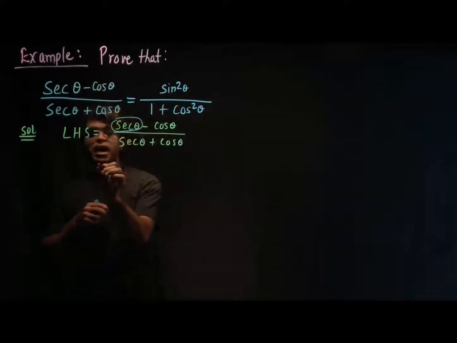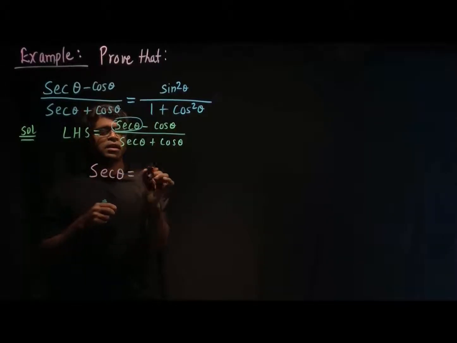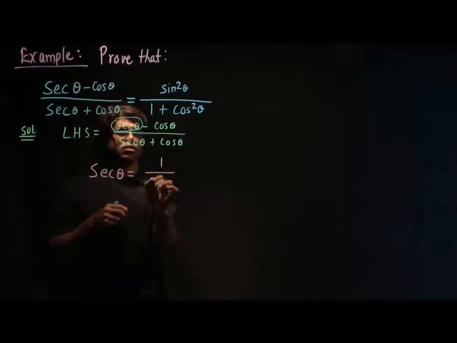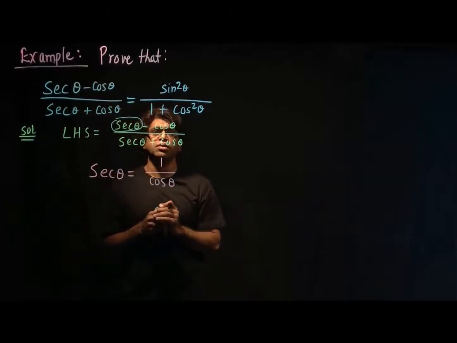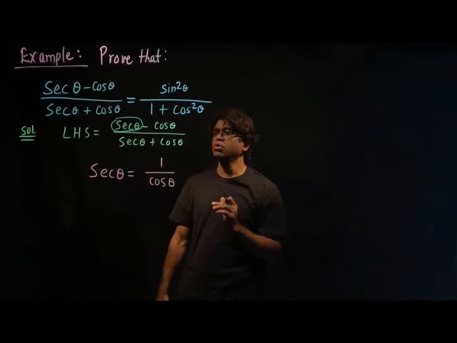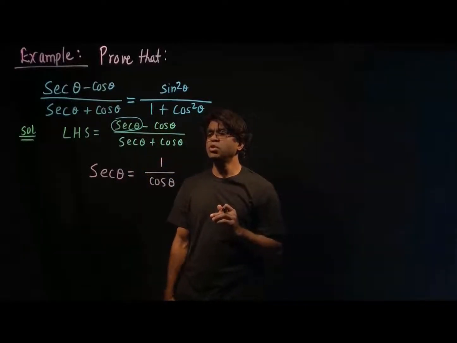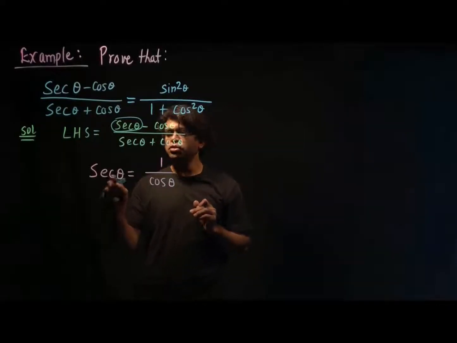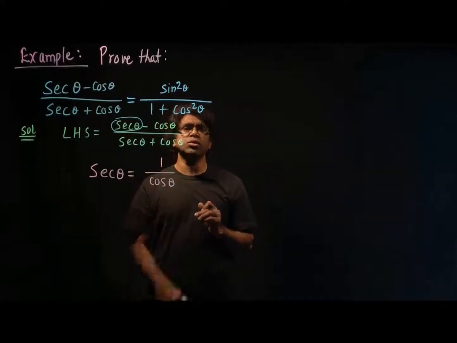I know that secant theta is 1 over cosine theta, because secant is the reciprocal of cosine. So I can easily write secant as 1 over cosine. Now I'm going to substitute secant by 1 over cosine.